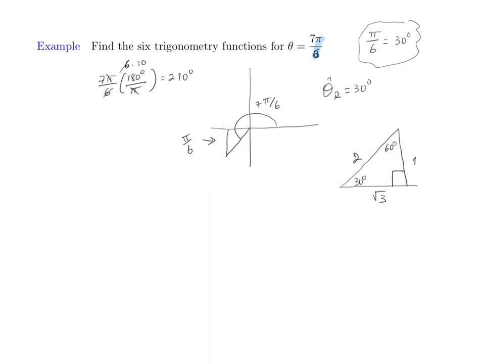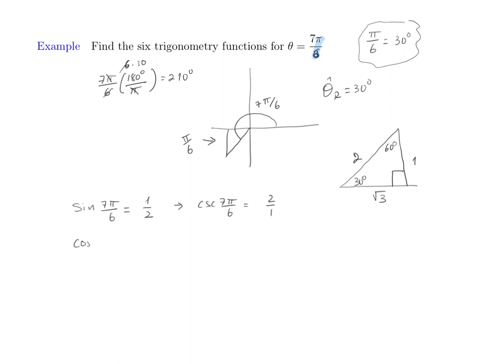So therefore finding sine of 7 pi over 6 is the exact same thing as finding sine of 30. But sine of 30 we already know is 1/2. This means cosecant of 7 pi over 6 is now going to be 2 over 1.